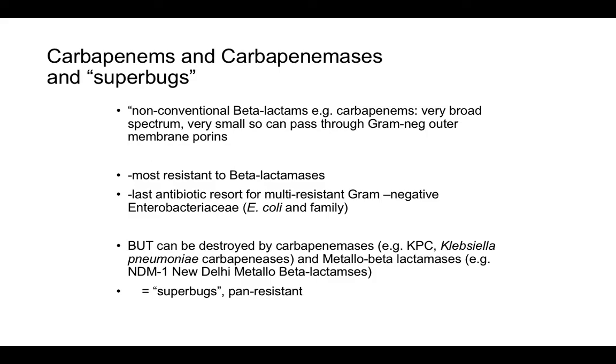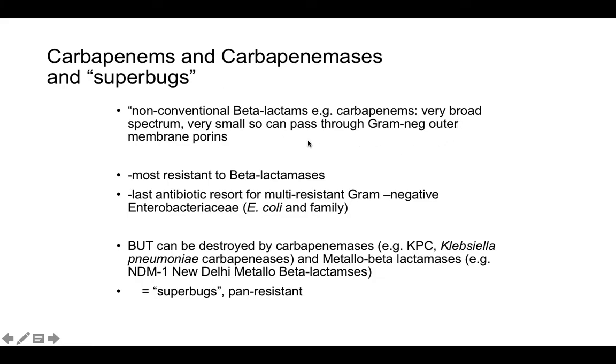And this was, I think, like a bonus question, you guys. So there's another group of beta-lactam-like drugs called carbapenems. They're called non-conventional. One pharmacology book called them the speedy sports cars of beta-lactams. And the reason they're so powerful is they're really broad spectrum.